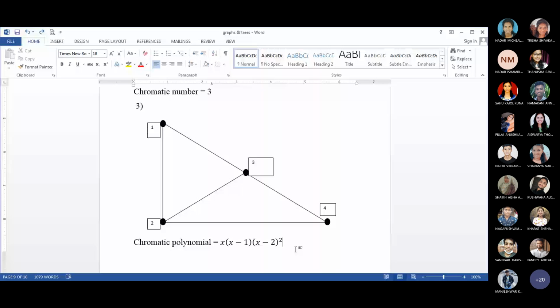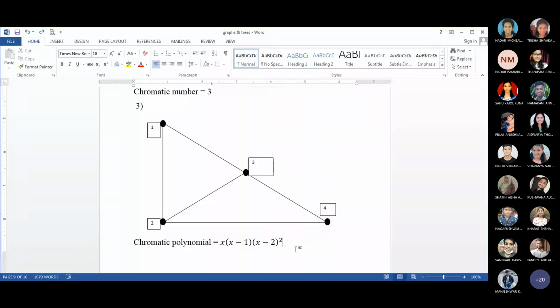But now I change the order of vertices. Say I started from 1, I have x possibilities. I come to 3, where I will have x minus 1 possibilities. I go to 4, where again I will have x minus 1 possibilities. And then I come to vertex 2, where I will have x minus 2 possibilities.